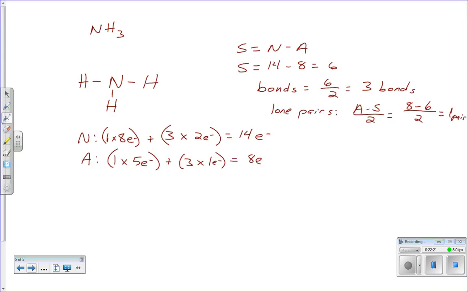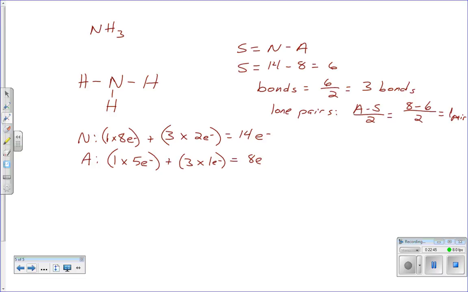I said to put them around the terminal atoms until they have 8 electrons. Well, in this case, our terminal atoms are hydrogens, and they only need 2 electrons, and they already have them because of the bonds. So we cannot put unshared pairs on a hydrogen atom.